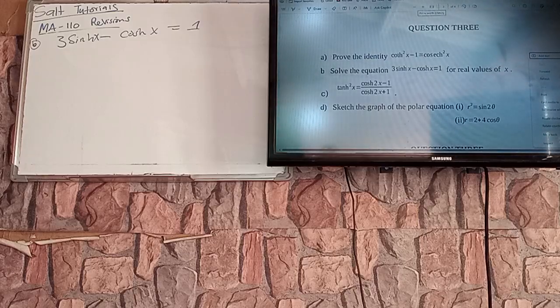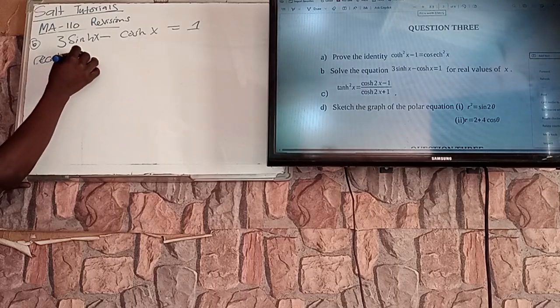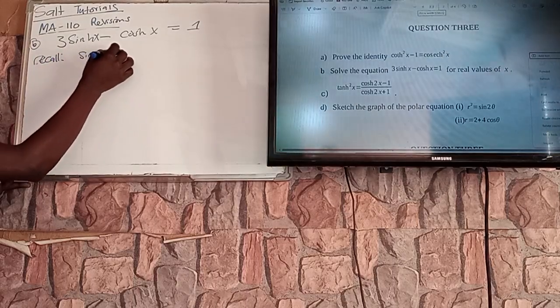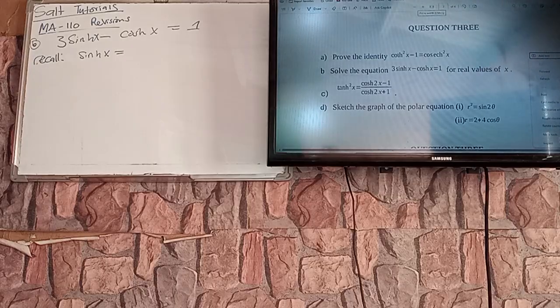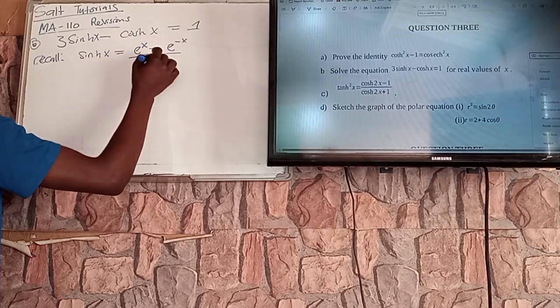In solving for the value of x, given sinh and cosh in that manner, the important thing we have to recall in this part is the exponential identities for sinh and cosh. So recall that sinh in terms of exponential functions, what is the identity for sinh? Sinh x is given by e to the power x minus e to the power negative x, over 2.